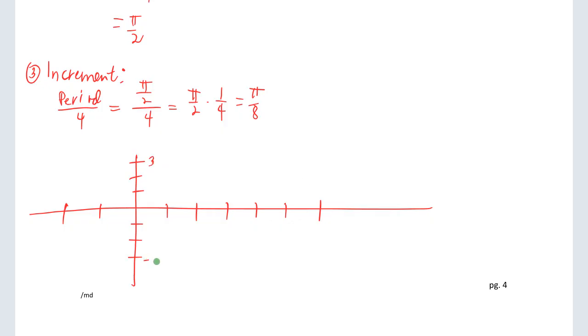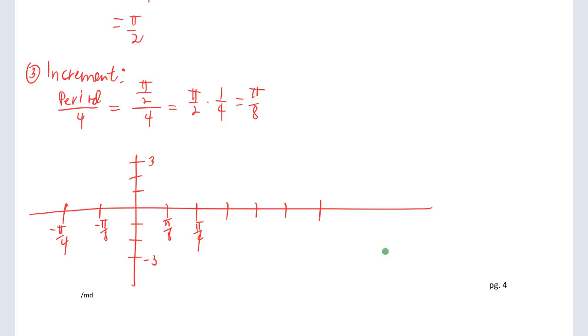And then we have here negative 3. And then our points here, we do have the multiples of pi over 8, and then negative pi over 4. And then we have here pi over 4. What else?